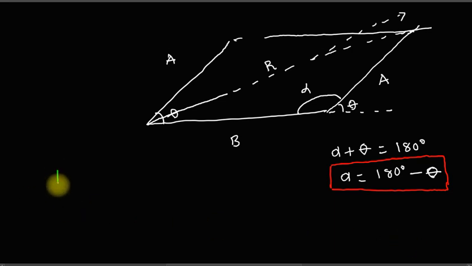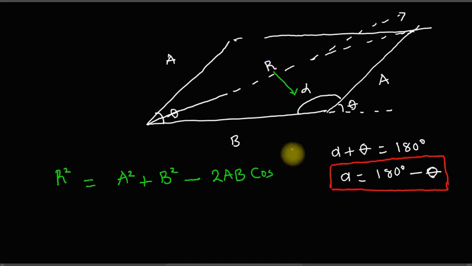Okay, so the resultant squared is equal to the sum of the squares of the other two sides, A squared plus B squared. Now it does not stop there. We're going to say minus 2AB cos the angle which is opposite R. What is the angle opposite R? Alpha. Cos alpha. So this is our second formula.